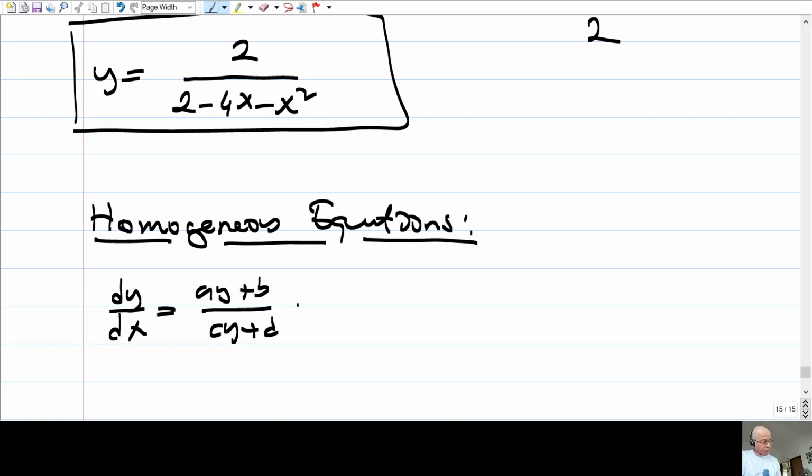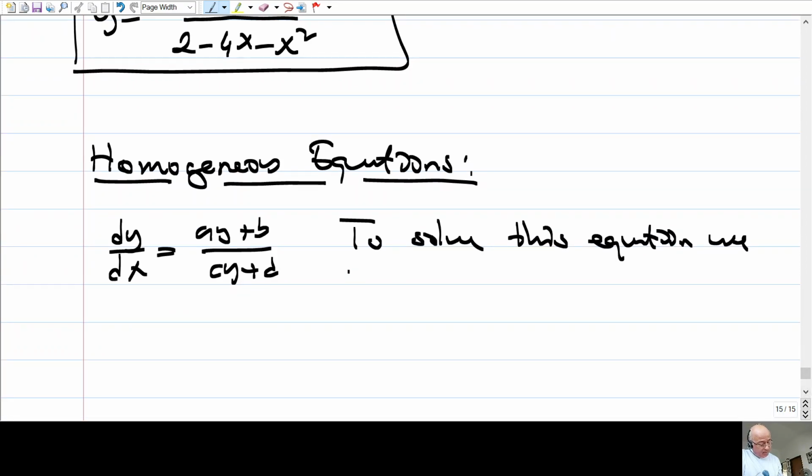We will do the following. To solve this equation, we make a variable change.